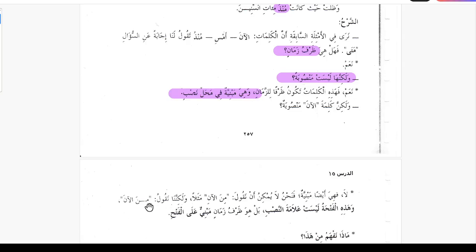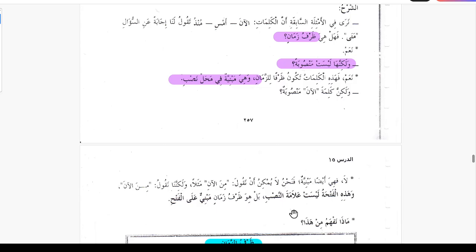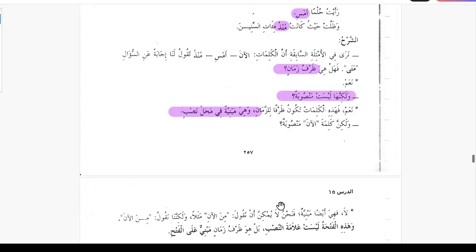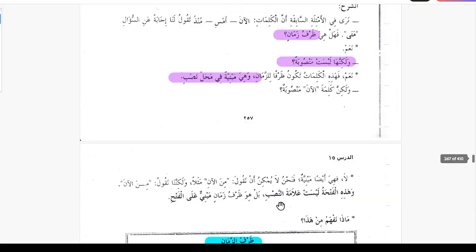So when we say minal al-ana, from now, wahazihil fatahatu laysat alamatun nasbi, this fatah is not the sign of nasb, bal huwa zarfu zaman mabniyun alal fatihi. So this is zarfu zaman and is mabni alal fatihi, just like haza is mabni, this al-ana is mabni. This fatah is not the sign of the nasb. This is what it means.